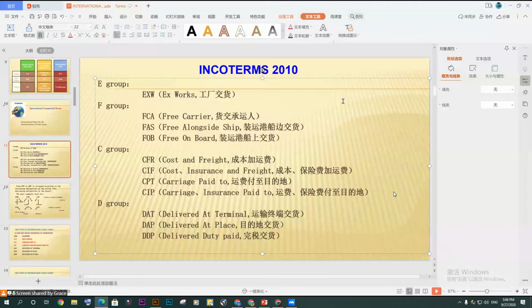This is assignment 1. Okay, let's talk about assignment 2. Assignment 2 has 2 questions. The first question is, what are the characteristics of cross-border e-commerce?